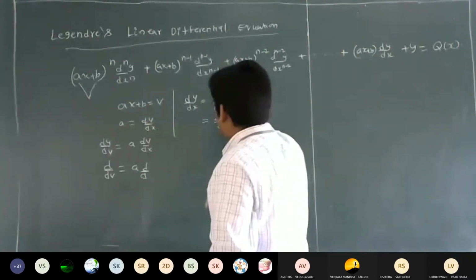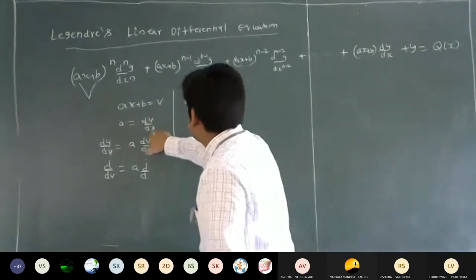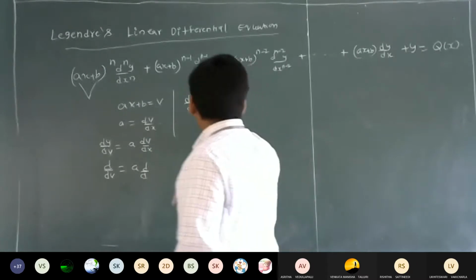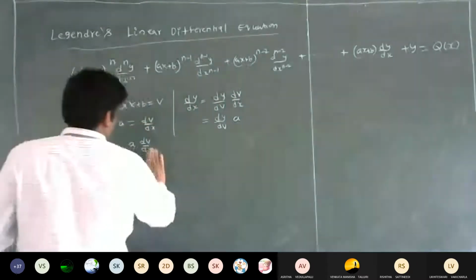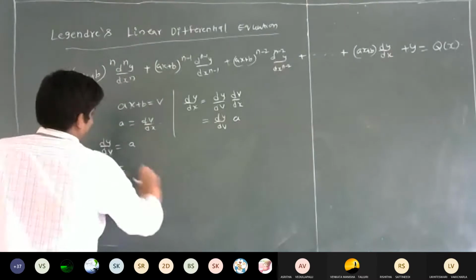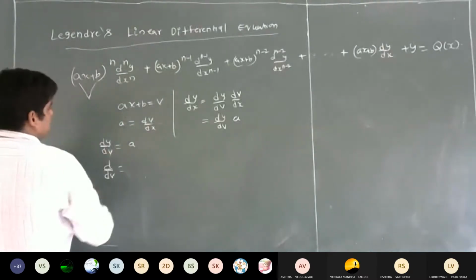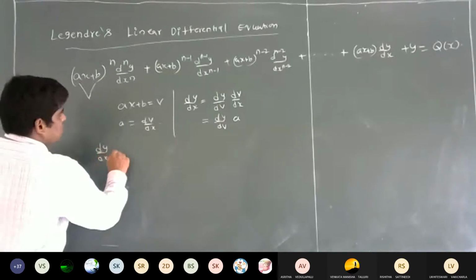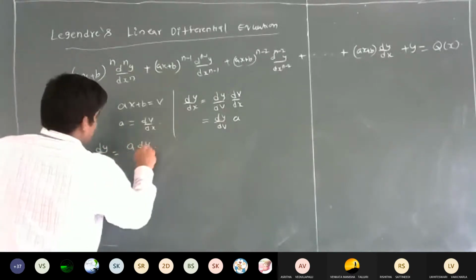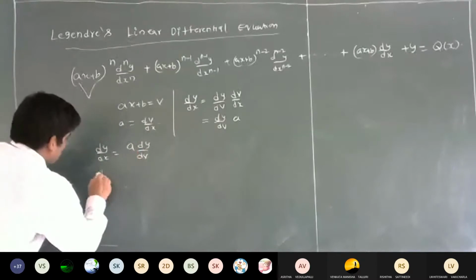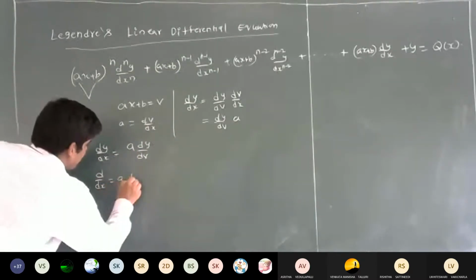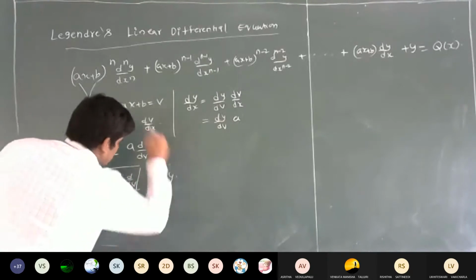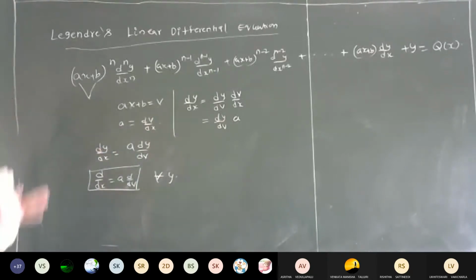So I'm just writing reverse, right? So dy by dx is equal to a into dy by dv. So this is for all y. That means that it is valid for all y.